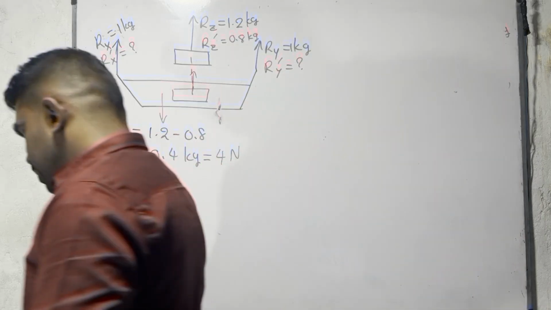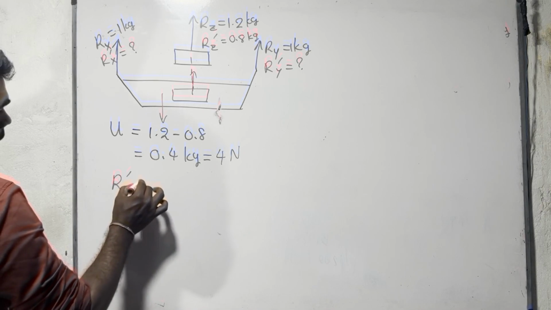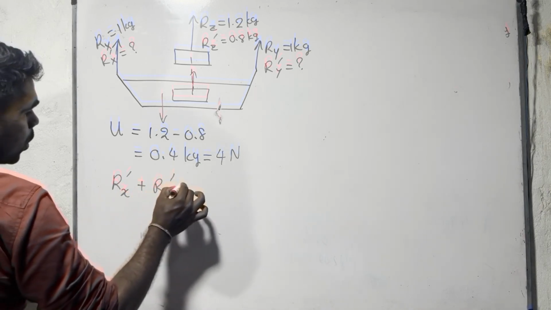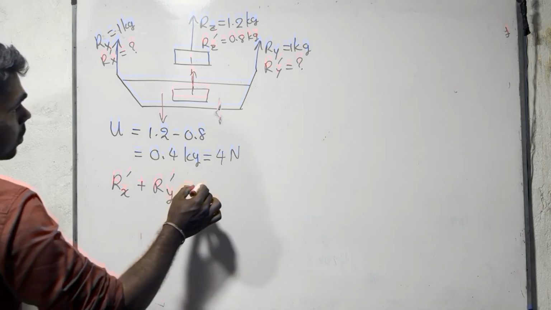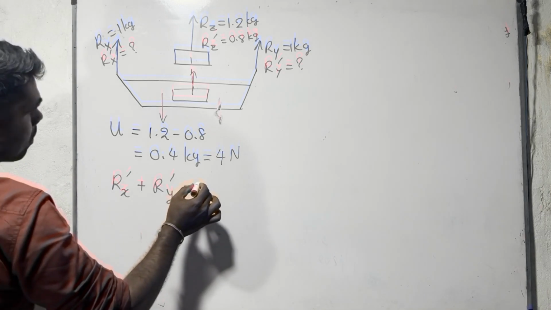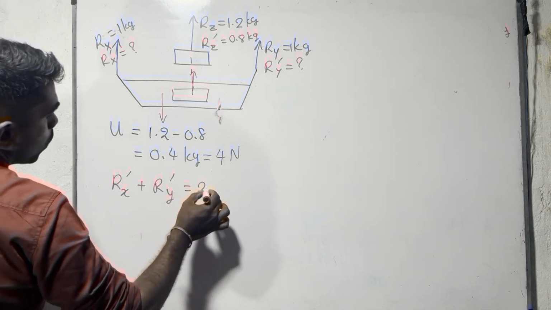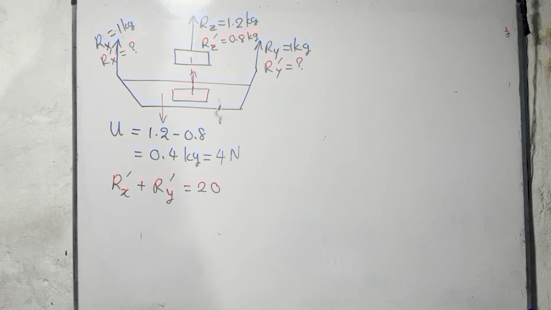Then we can write Rx dash plus Ry dash should be equals to initial readings 1 kilogram plus 1 kilogram, 2 kilograms, it is 20 Newton.